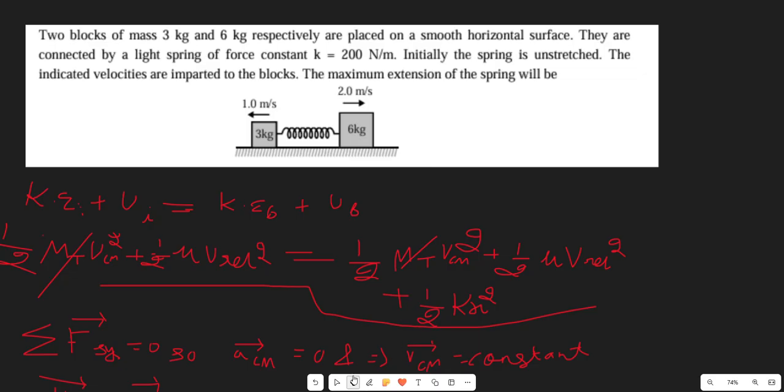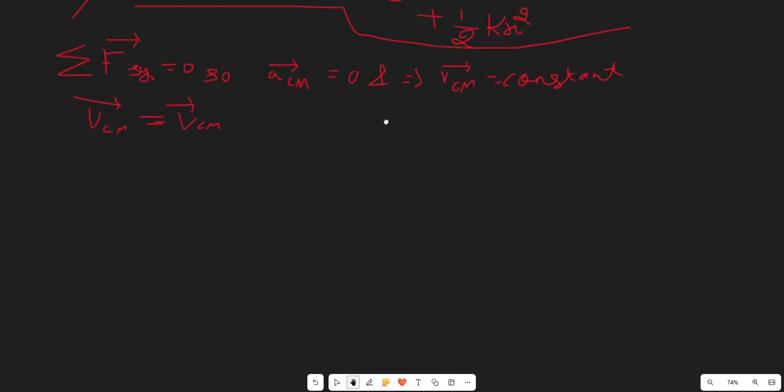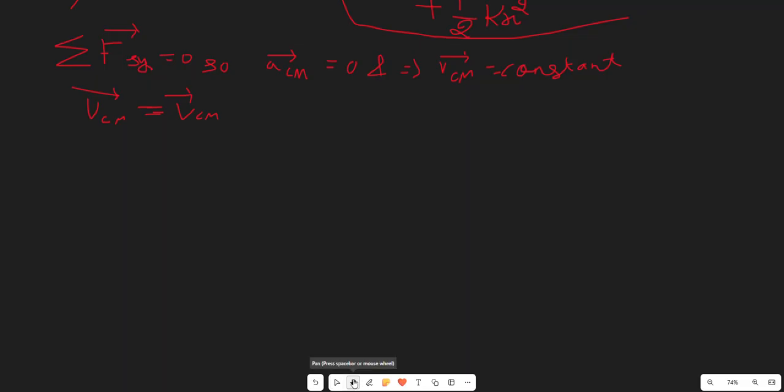So at maximum extension, v relative of both blocks will be zero because both blocks will have the same velocity. So definitely their relative velocity will be zero.